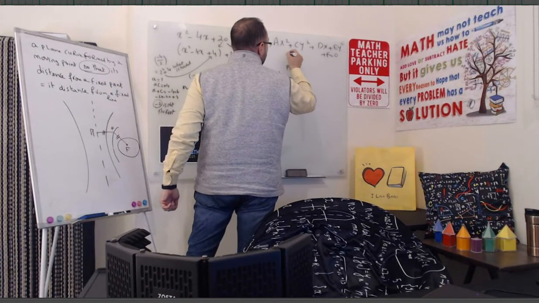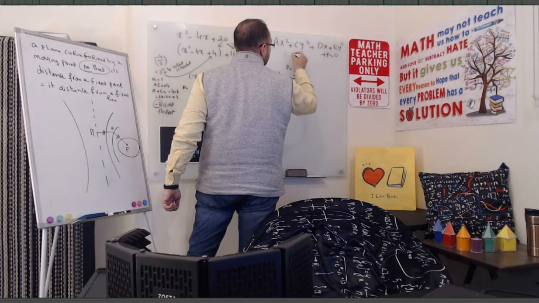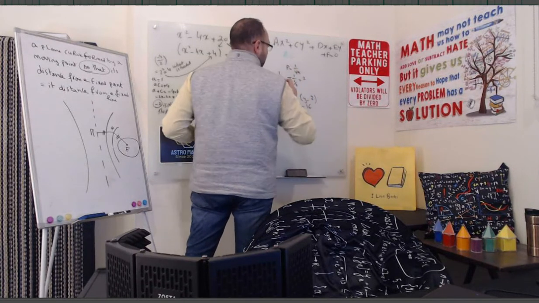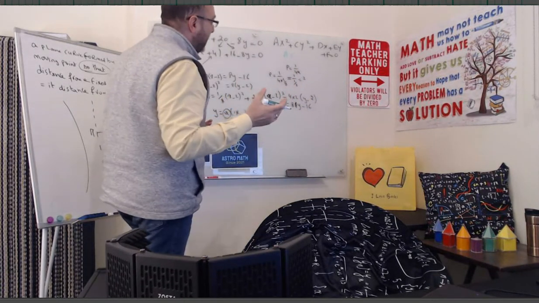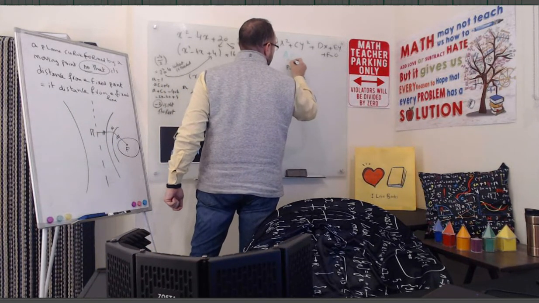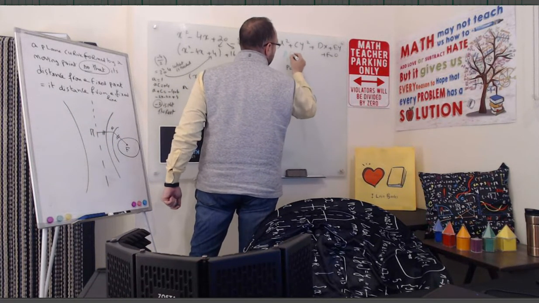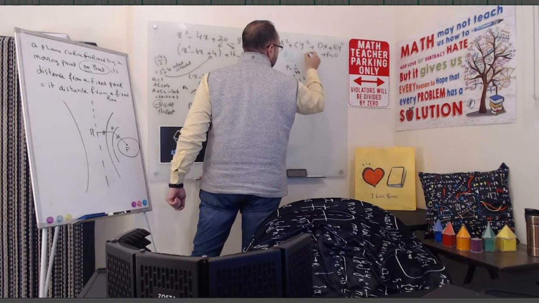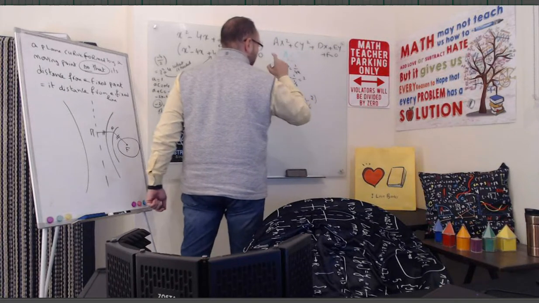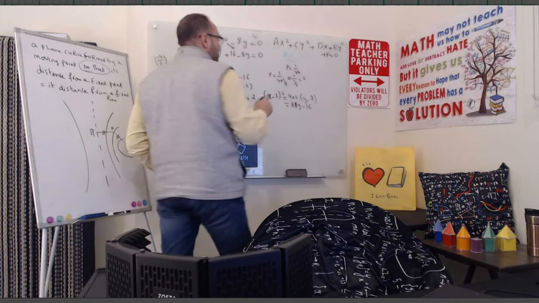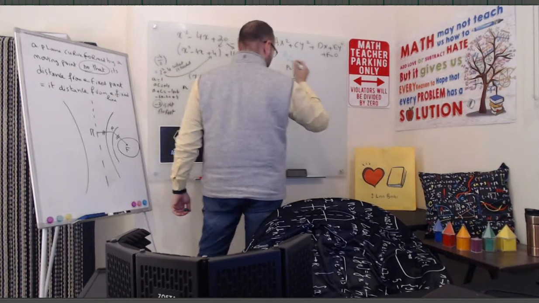And I told you the only thing I want you to memorize is A times C. A is not going to be equal to C. That's going to be common sense for you now because of that squishing of the circle. That A is not equal to C means it's not a circle. When the product of the A times C coefficients is larger than 0, we have an ellipse. When it's negative, we have a hyperbola.